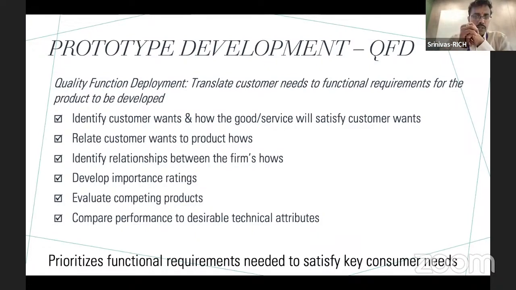So there could be multiple things that we have to do, and there could be a correlation or relationship between each of these houses, and developing importance rating, and then evaluating competing products. So not just your product, but also looking at how the competitors' products are ranked as far as these criteria are concerned. I think it will be clear if I walk you through an example here rather than explaining it this way, right?